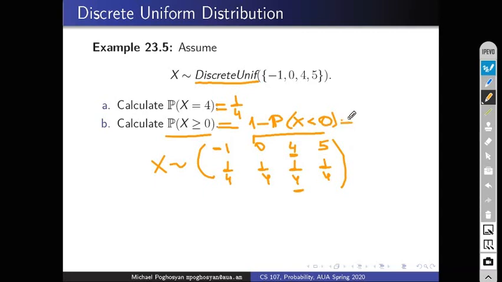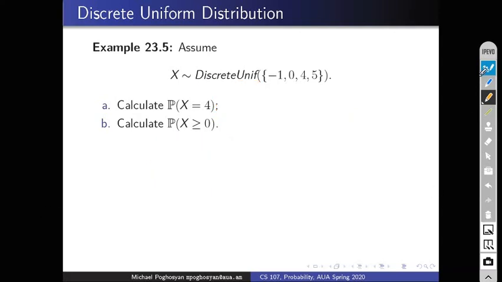The probability that x will be less than 0 is the same as the probability that x will take the value minus 1. The only value of x which is less than 0 is minus 1. So that probability is 1 over 4. So 1 minus 1 over 4 is 3 over 4. Okay.